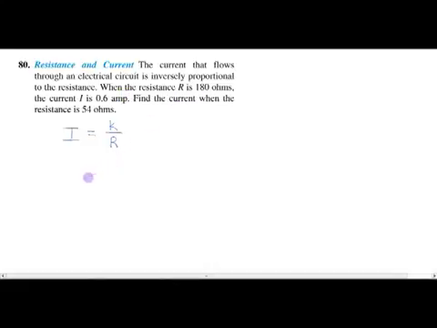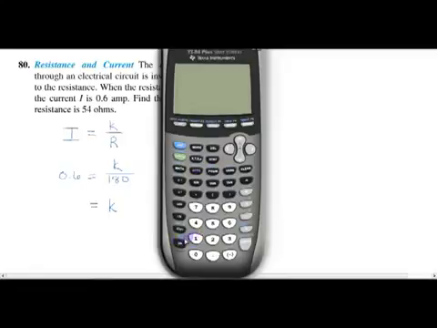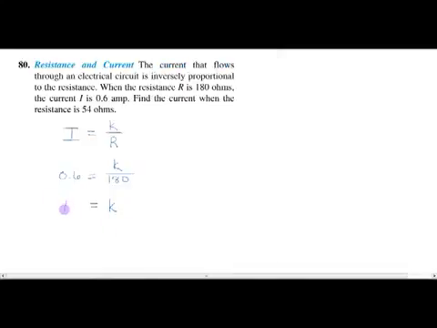When the resistance R is 180 ohms, then the current is 0.6 amp. Let's go ahead and multiply both sides by 180. You can grab the calculator and do that. We'll go 180 times 0.6, and I get 108.